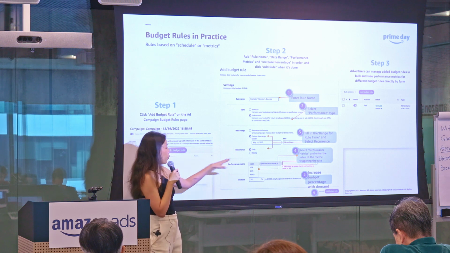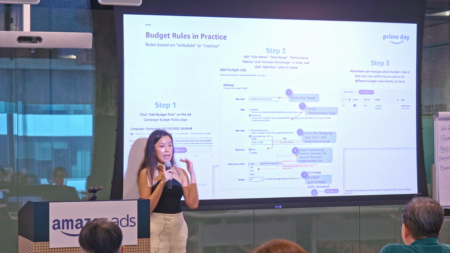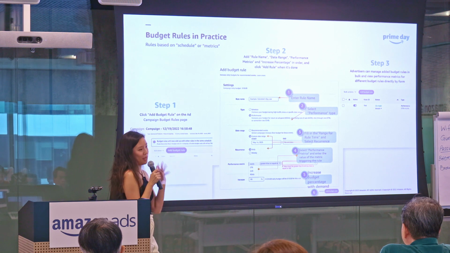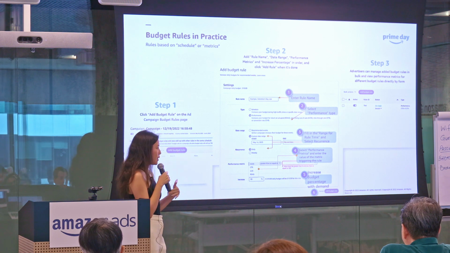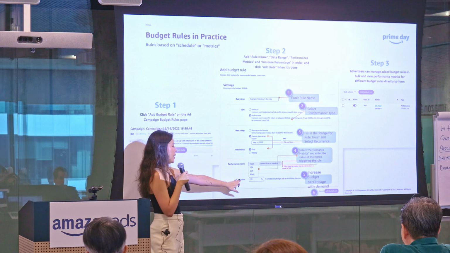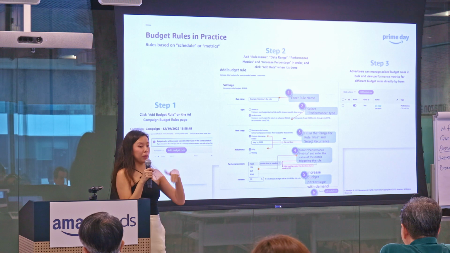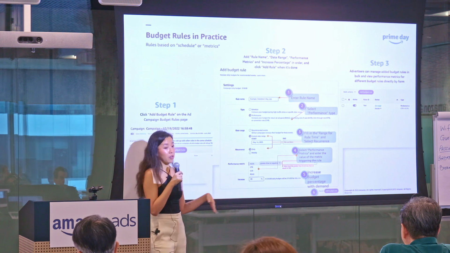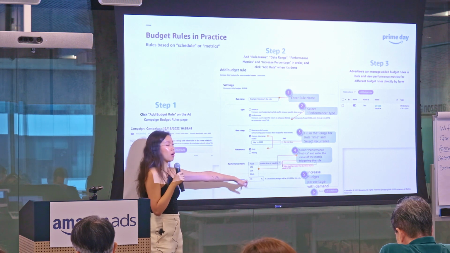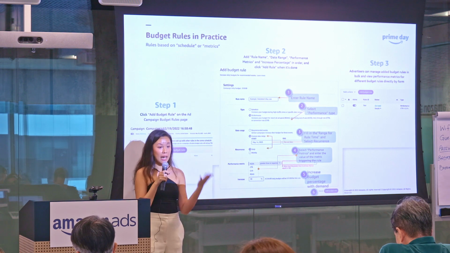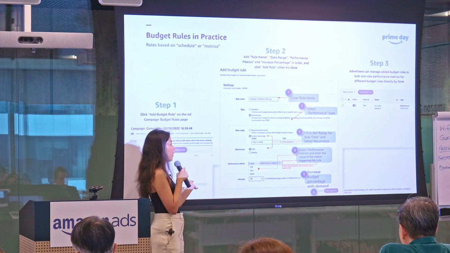So that during the event itself, when you run the campaign and your click-through rate hits that benchmark, so for example, maybe 1% click-through rate is considered very good within all your campaigns, then this budget rule lets you set an increase in your budget so you don't go out of budget. Once you notice your campaign having a higher click-through rate, which is your target, you can choose to increase your budget by X%. It can be 100%, 200%. Essentially this prevents you from going out of budget.